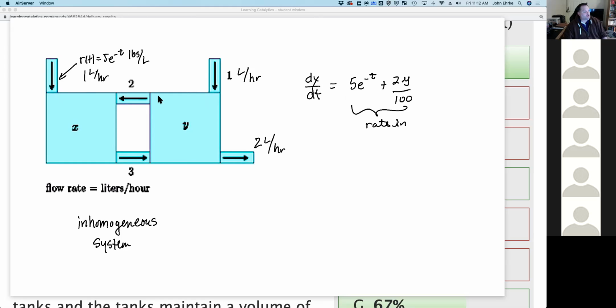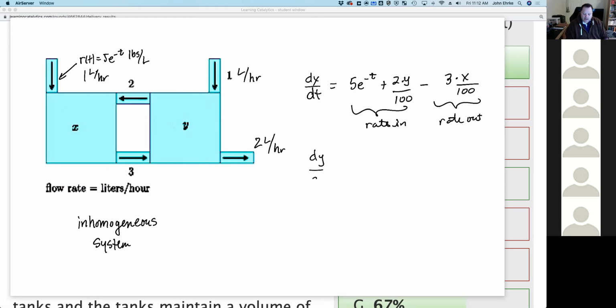And then you have the portion from Y coming in as well: 2 liters per hour times Y pounds per 100 liters, the concentration coming in at a rate of 2 liters per hour from Y. The rate out, what is leaving tank X, is the bottom piece, leaving at 3 liters per hour. So that would be 3x over 100 leaving per hour.